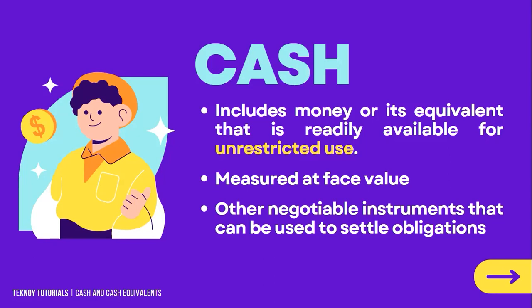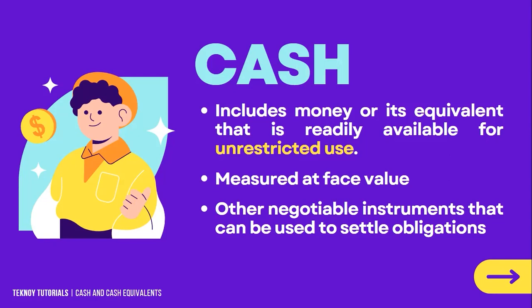But you might wonder, how about cash in foreign currency? Well, cash denominated in foreign currency is translated at the current exchange rate at the reporting date. Take note that only those unrestricted deposits in foreign banks that are available for immediate withdrawal are included as cash.